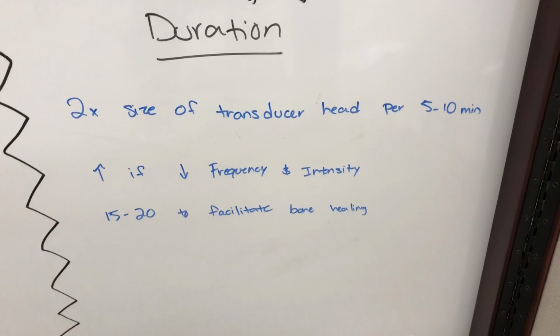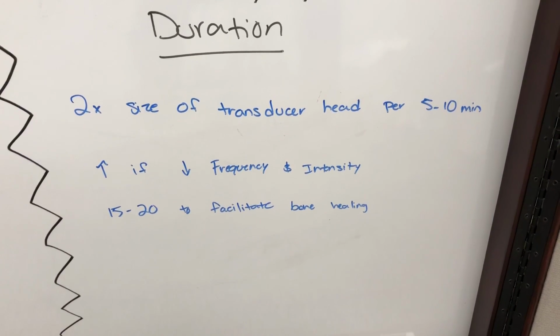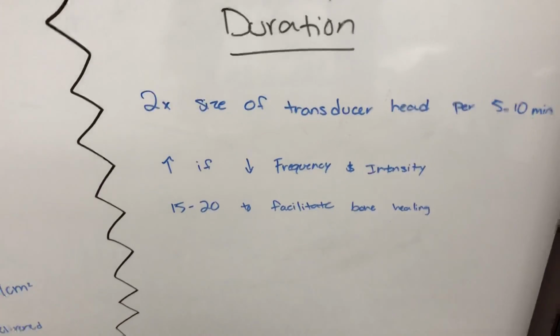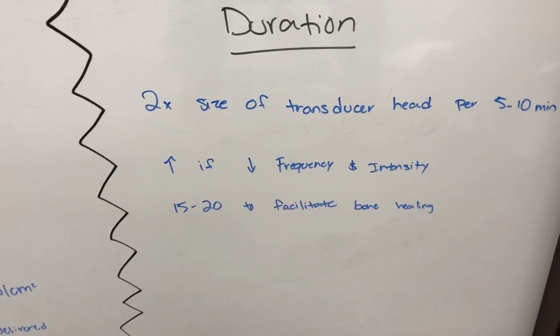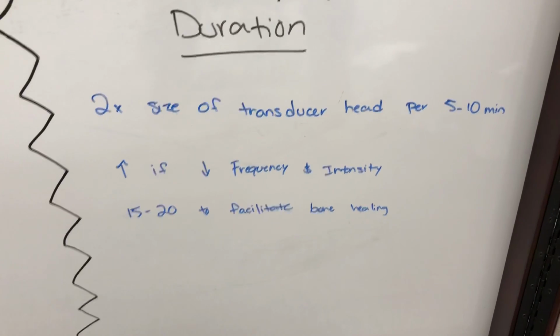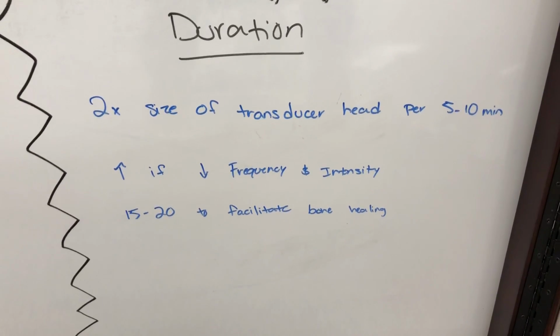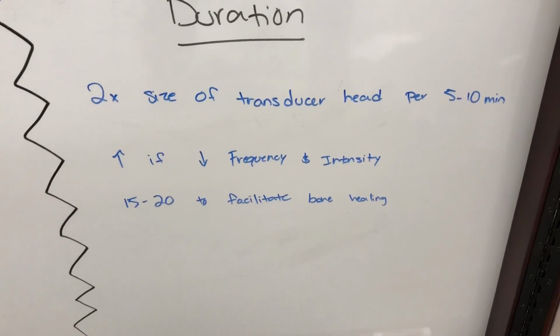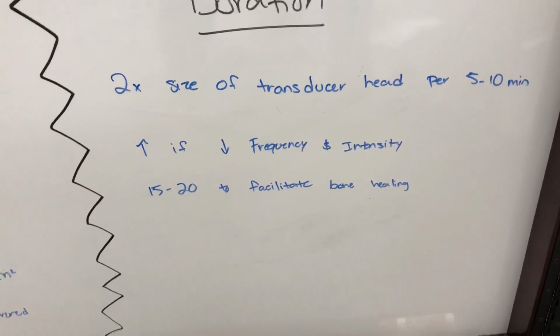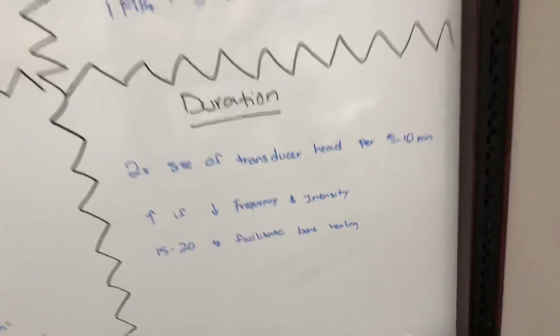If you have an area that is 4 times the size of the transducer head, you'd go 10 to 20 minutes. Now, you increase the duration of the treatment if there's a decrease in both intensity and frequency. If you are using the ultrasound to facilitate bone healing, you go for 15 to 20 minutes.